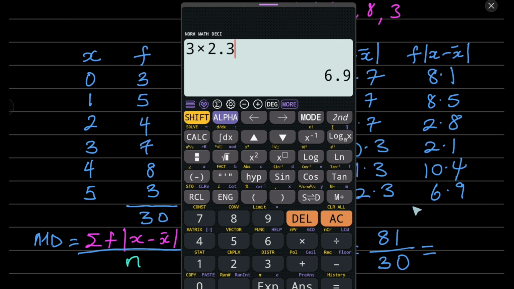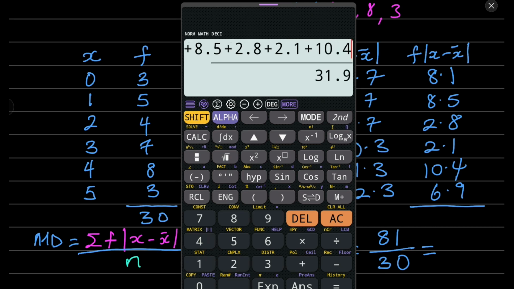I just draw a bar here to denote that I'm summing up. Then we sum up 8.1 plus 8.5 plus 2.8 plus 2.1 plus 10.4 plus 6.9.